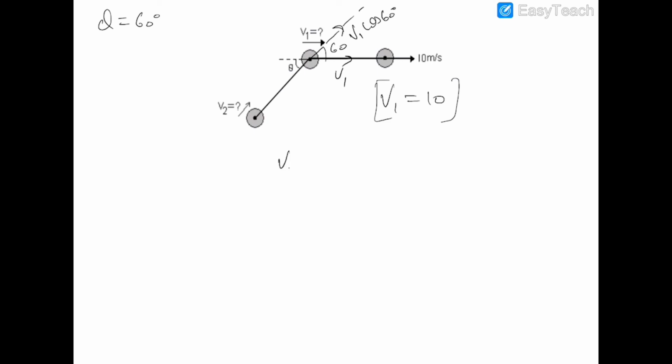So I can say that v2 is equal to v1 cos 60 degree, and v2 will be equal to 5, as v1 is 10 and cos 60 is half. This was a very simple problem of type B, and now we move forward on next question.